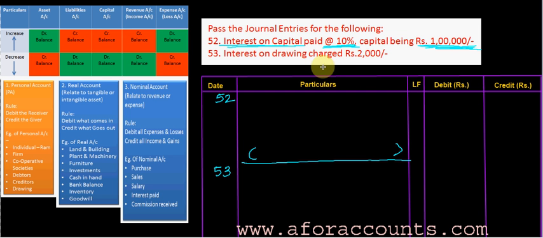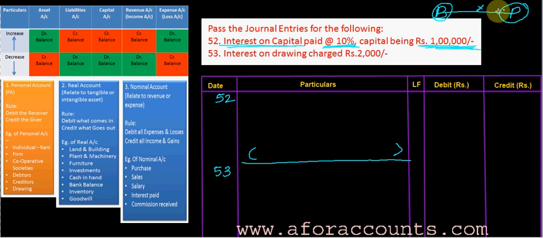Also keep in mind that there is a principle called the accounting entity and business entity principle. That also says that there is a business and a person, the proprietor, owner of the business. The business and proprietor are never the same. They are two separate entities.